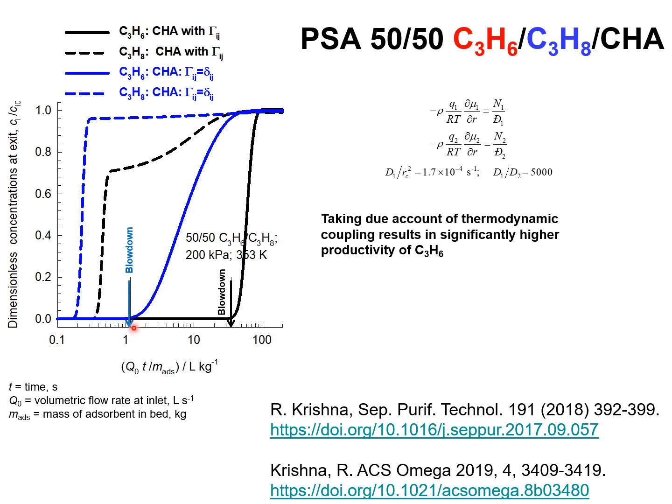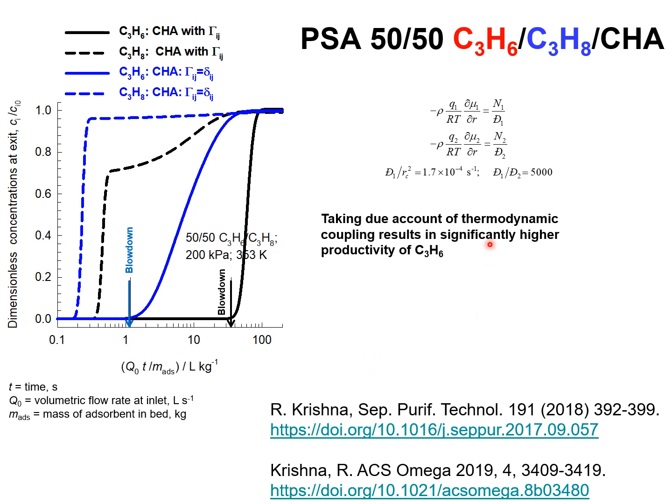Neglecting thermodynamic coupling leads to earlier breakthrough of propane and consequently also to lower recovery of propene in the countercurrent blowdown phase in the PSA operations.